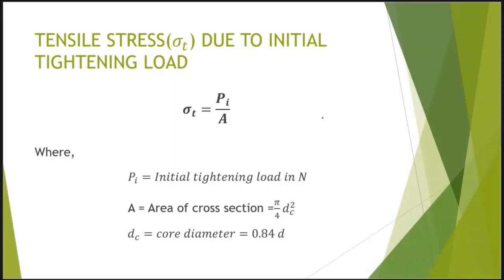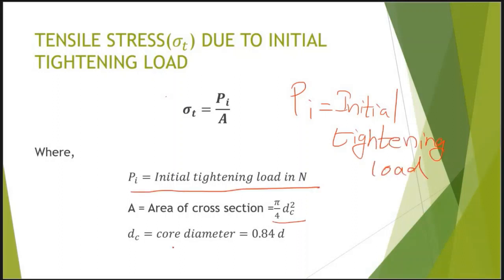The area of cross section is pi by 4 Dc square, where Dc is the core diameter or root diameter or minor diameter.